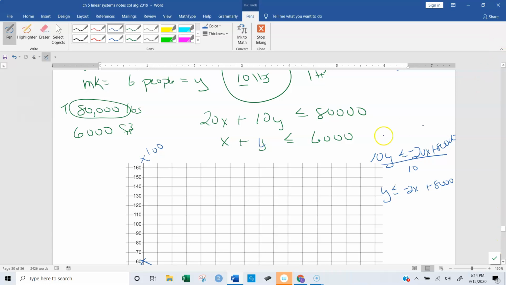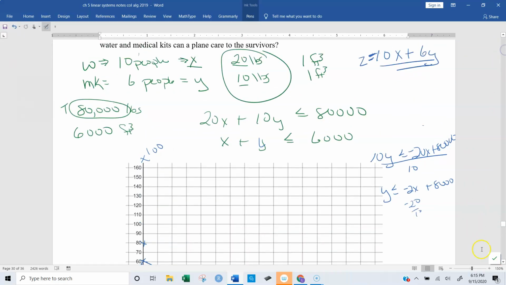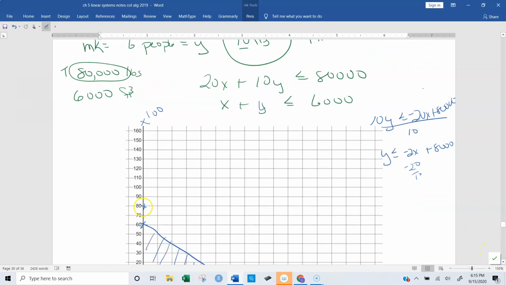So my y-intercept is 80, and I'm going to go down 2, or I can go down 20 over 10, or I can go down 200 over 100, so go down 2 over 1.